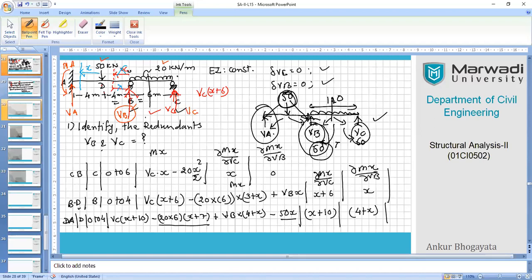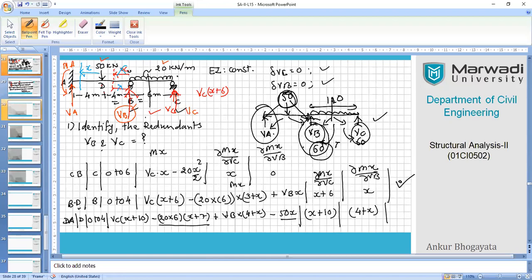If it doesn't come out that way, then you should have a question in your mind that you have made some mistake in the calculation. So be sure, and I would advise all of you to practice qualitatively analyzing the structure before you actually start getting into the numerical steps, because numerical steps are just the confirmation of the concepts.